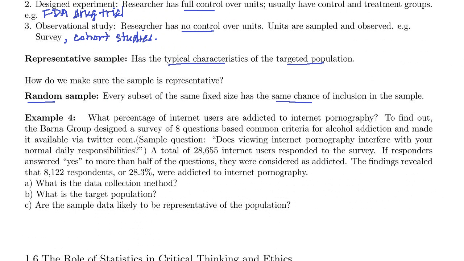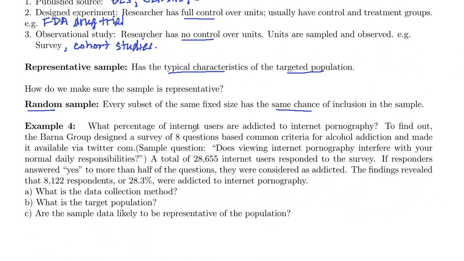Well, let's look at an example here. Example 4: we want to know what percentage of internet users are addicted to internet pornography. To find out, the Barna Group designed a survey of 8 questions that were based on common criteria for alcohol addiction, and they made it available via twitter.com.